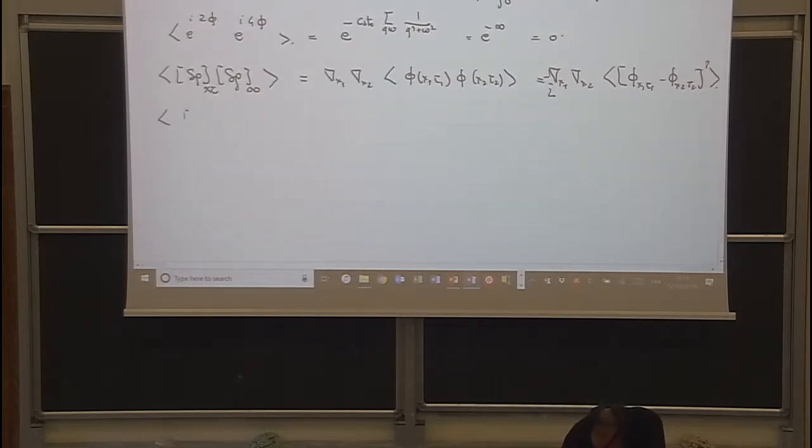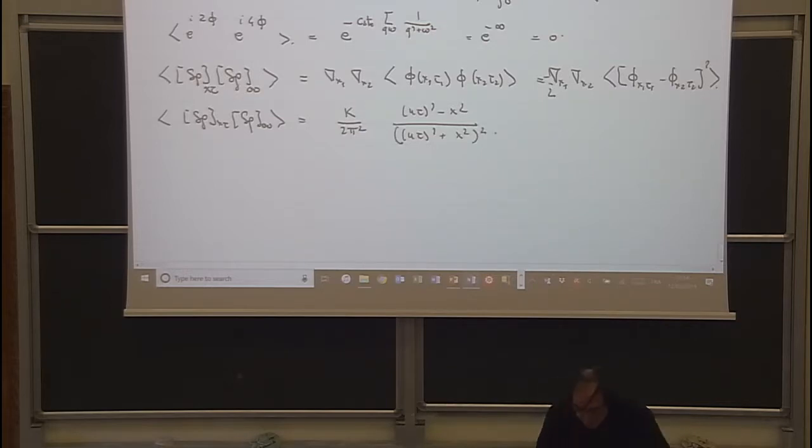So let me write it now seriously. Delta rho x, tau, delta rho 0, 0. I have, of course, a part which is k over 2 pi squared. Now the coefficients are supposed to be correct. I get u tau squared minus x squared divided by u tau squared plus x squared, all squared.